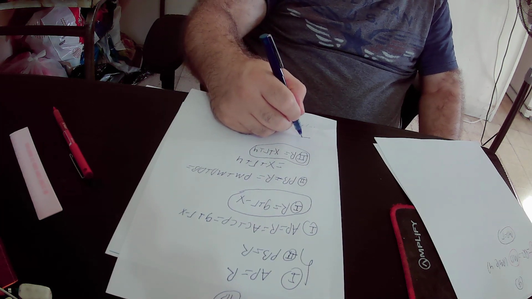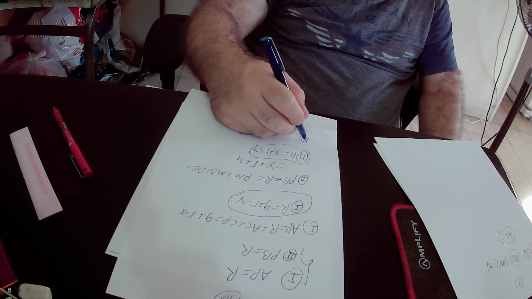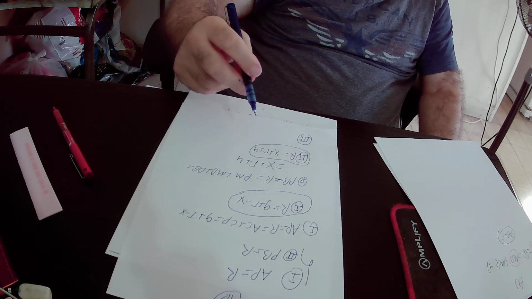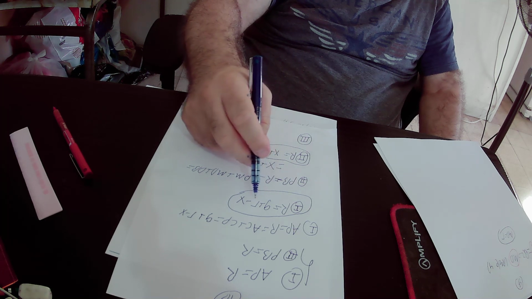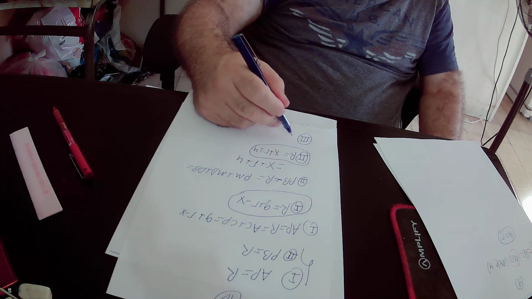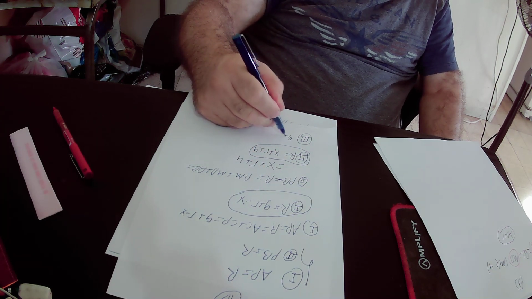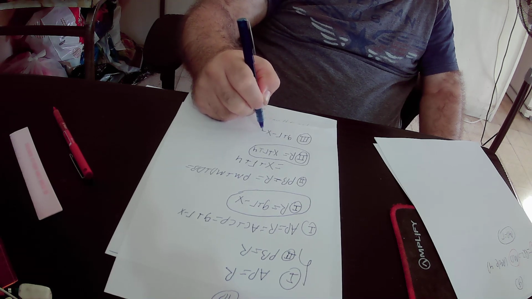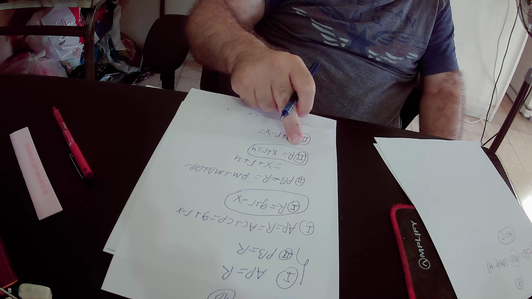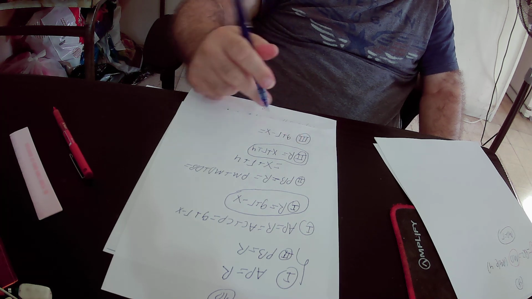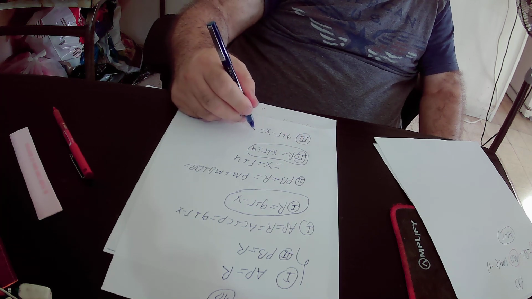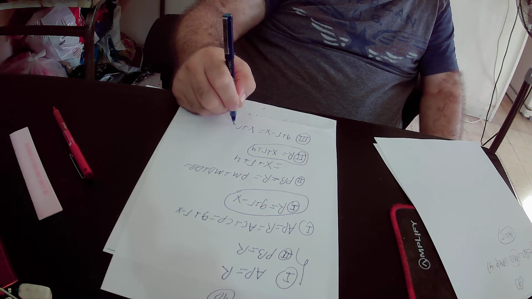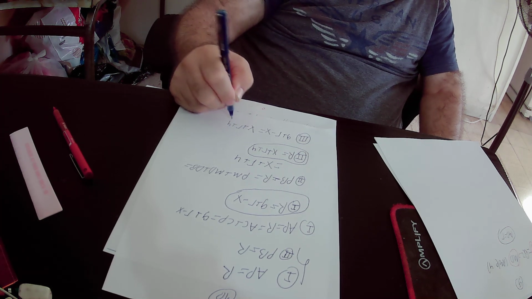Equation number 3 states that 9 plus small r minus x equals x plus small r plus 4.